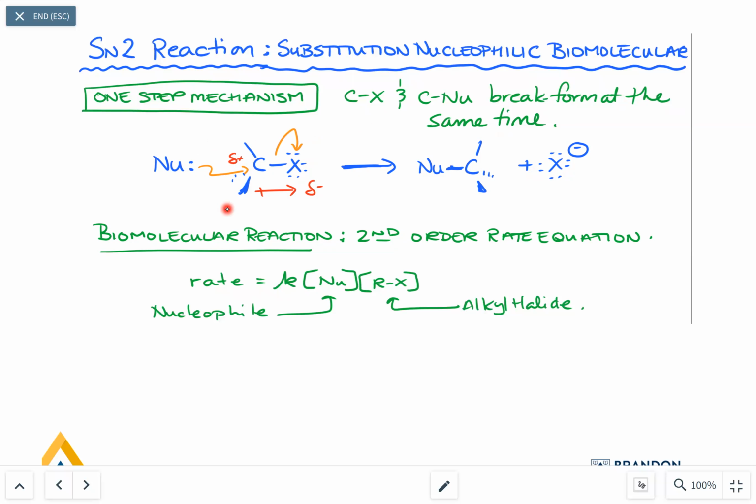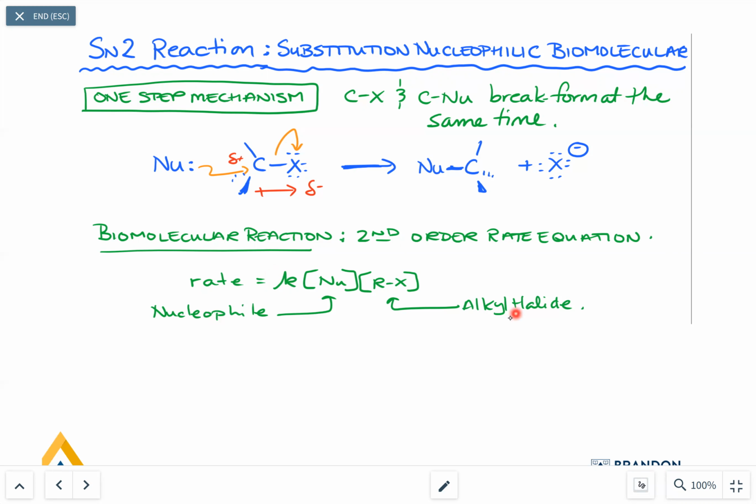So the rate of this reaction is dependent upon some rate constant, which we would determine experimentally, and both the nucleophile and the alkyl halide. So it's dependent on both, because this has to hit this for the reaction to take place. So that's why it's a bimolecular reaction.